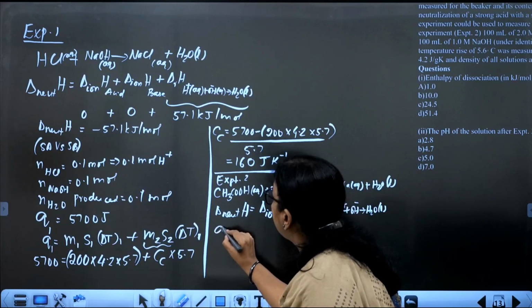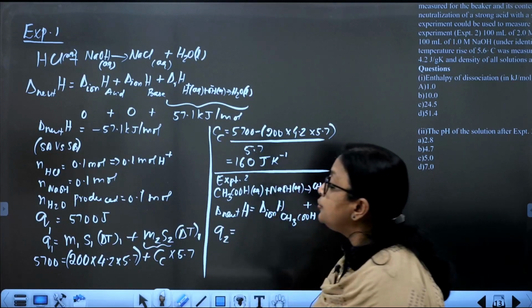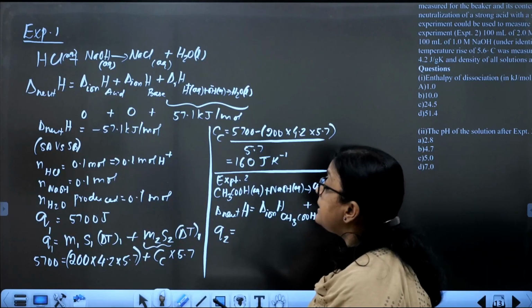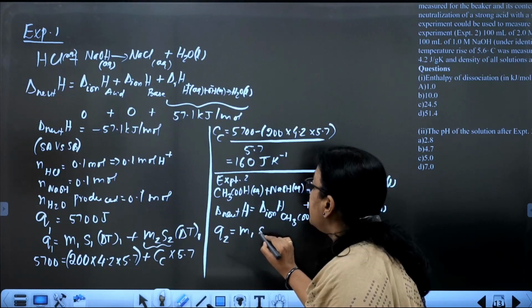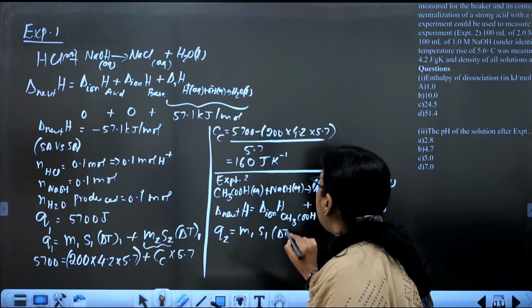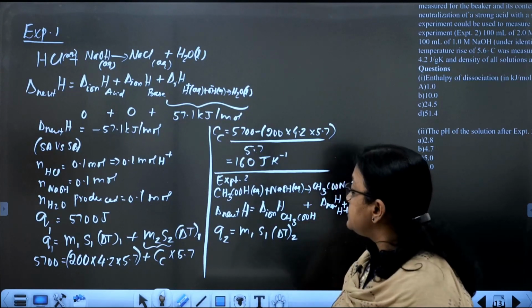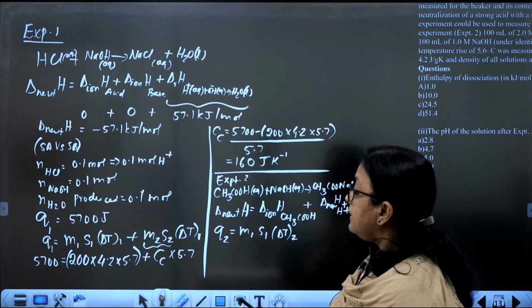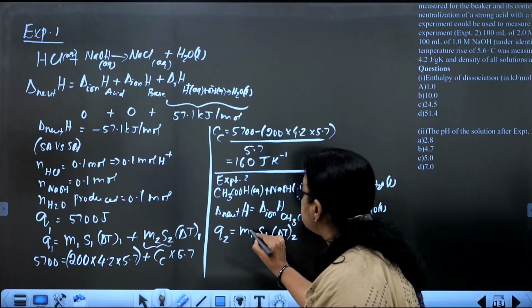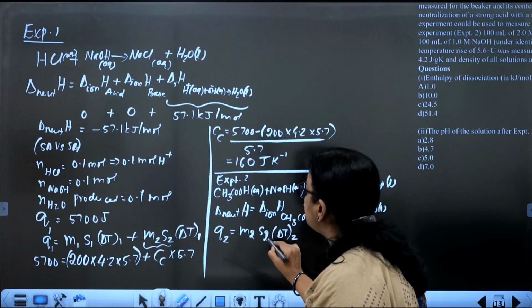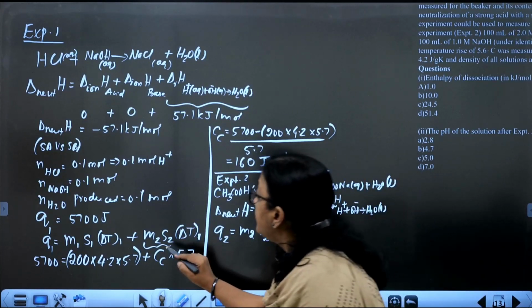Here Q2, experiment 2, Q2 is again equal to M1 S1 into delta T2, the temperature rise in the second case, and the mass of solution in this, or let us write M2 S2 here.